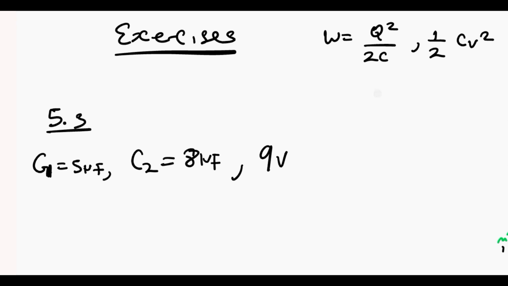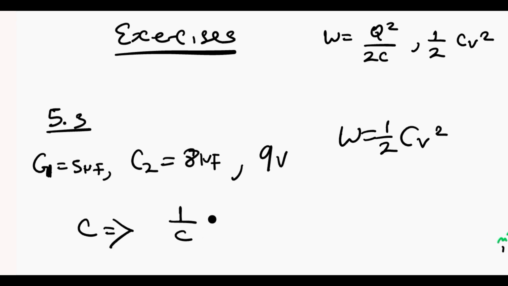So we will use W equal to 1 over 2 CV squared. But what's our C? They say they are arranged in series. So to get our C we use 1 over C equal to 1 over C1 plus 1 over C2.